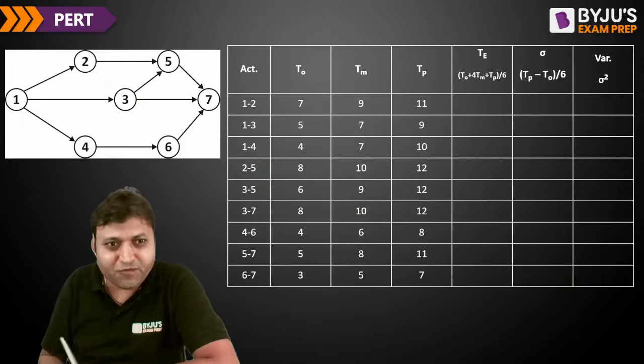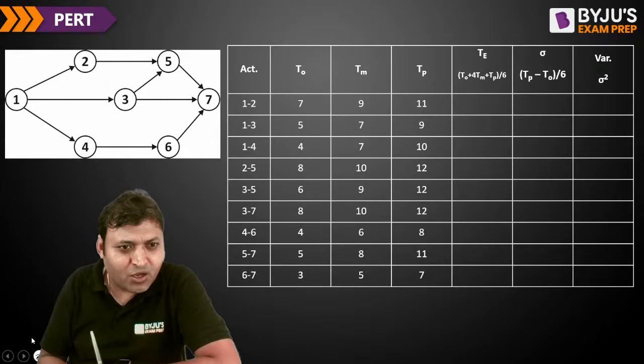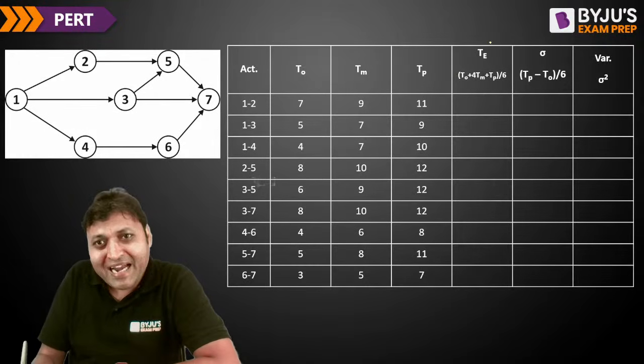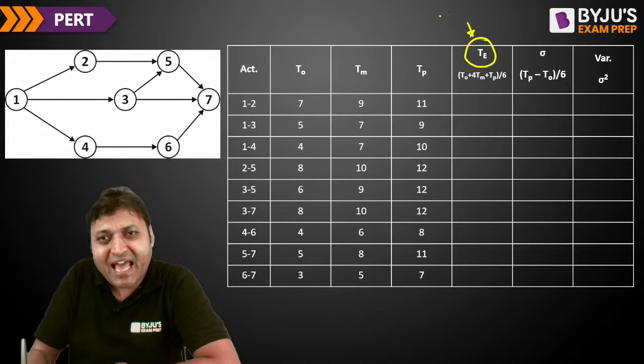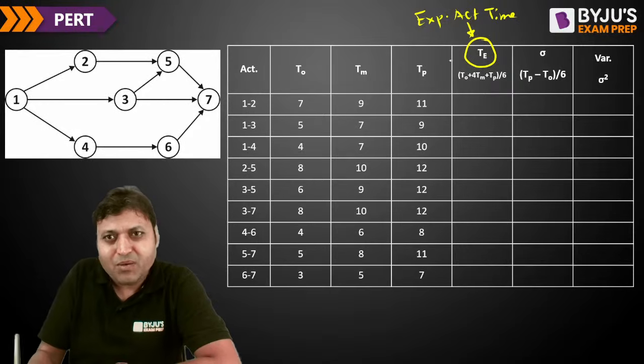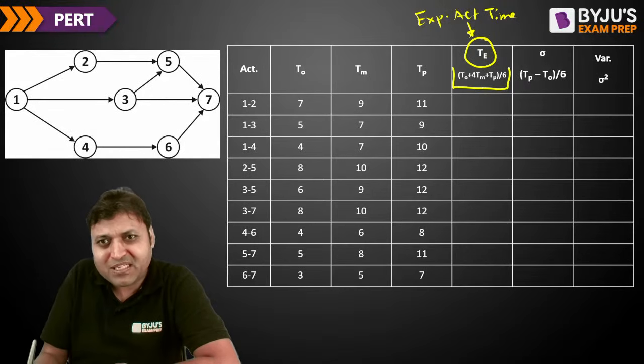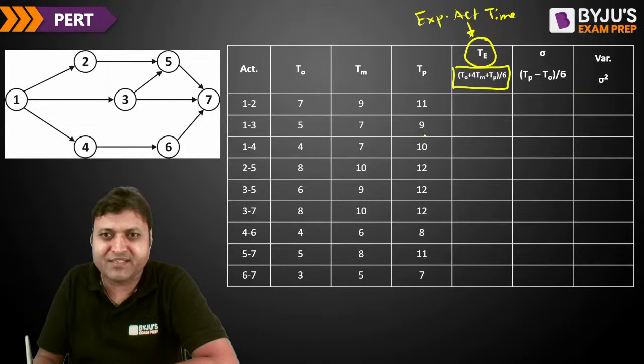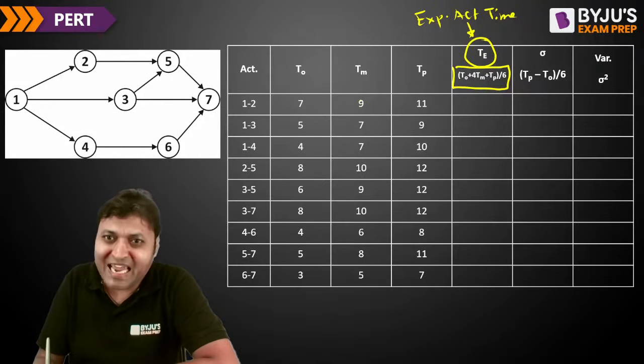Now, first of all, we need to find out the expected activity time by using this formula: TO plus 4 TM plus TP divided by 6. Can you do the calculation to find out the expected activity time duration? 7 plus 4 into 9 plus 11 divided by 6.